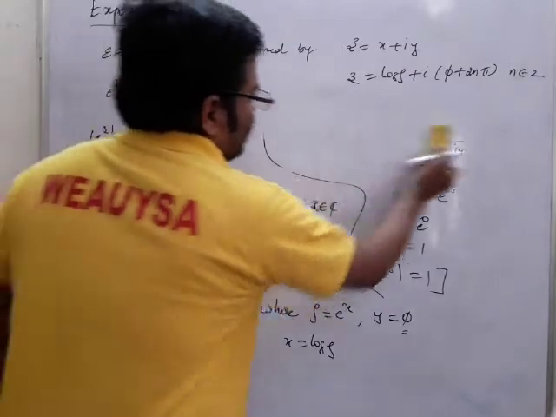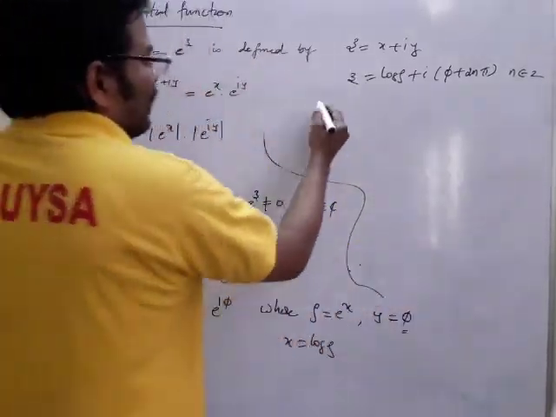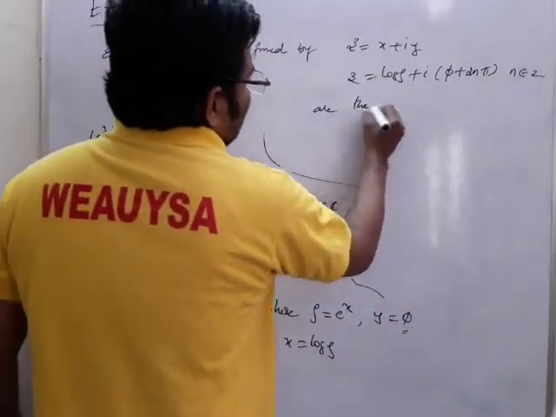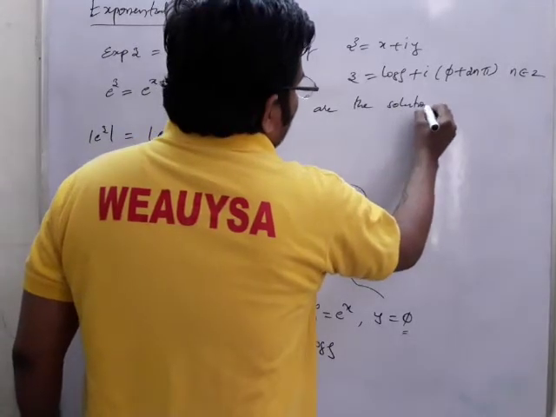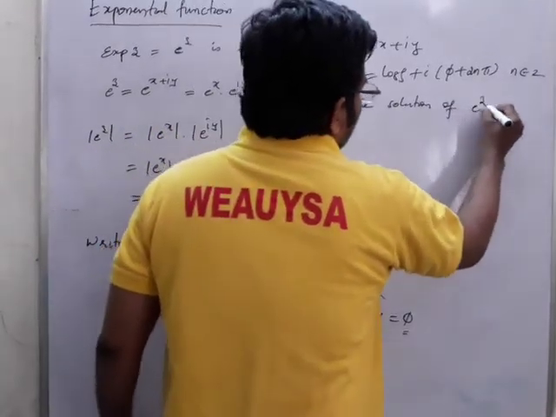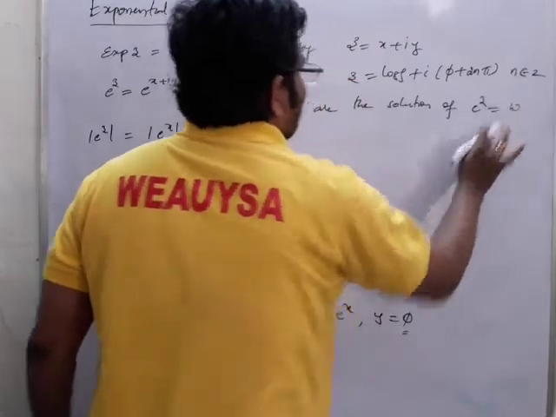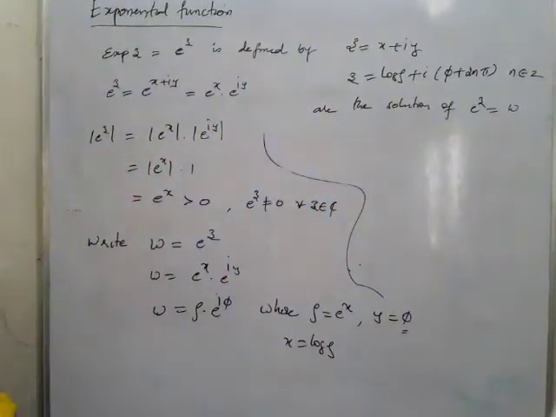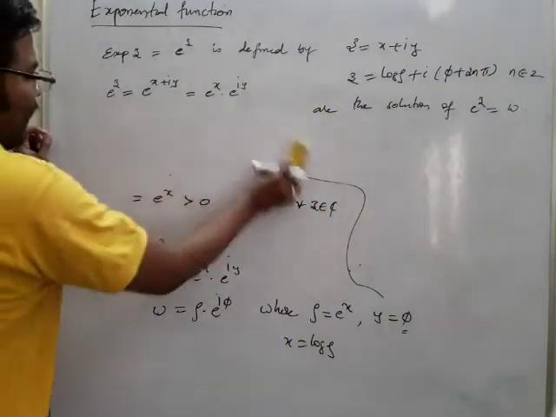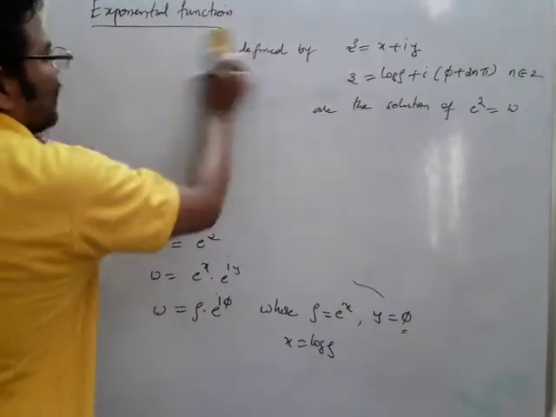Now this n belongs to Z. These are the solutions of e power z is equal to w. Now these are the solutions you are going to have for the w. Okay, now how to write that one, we'll see.